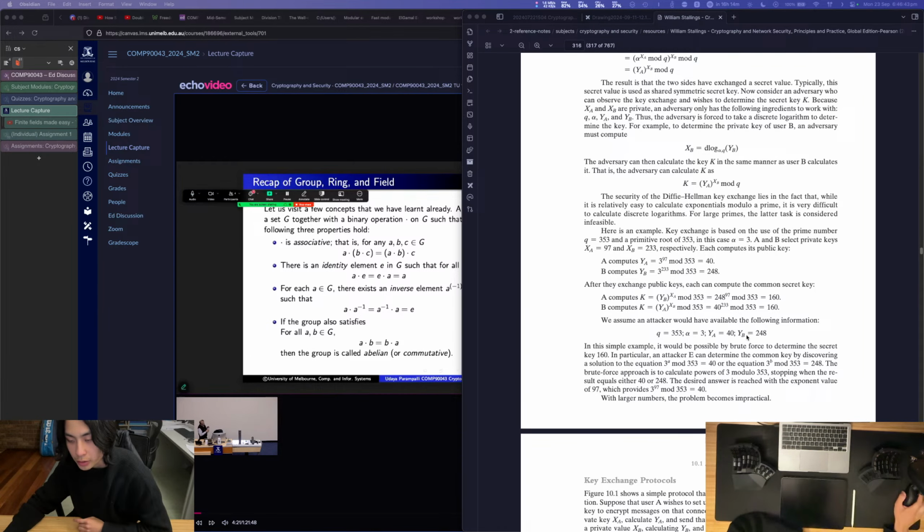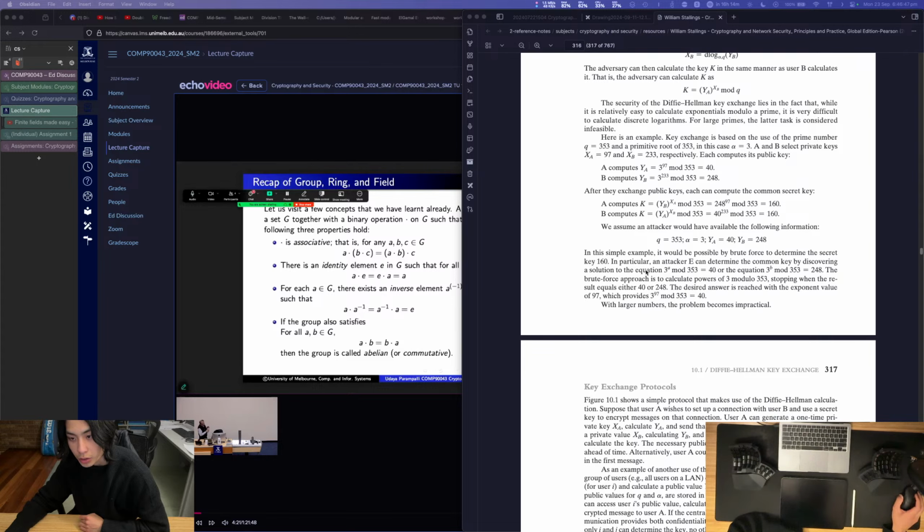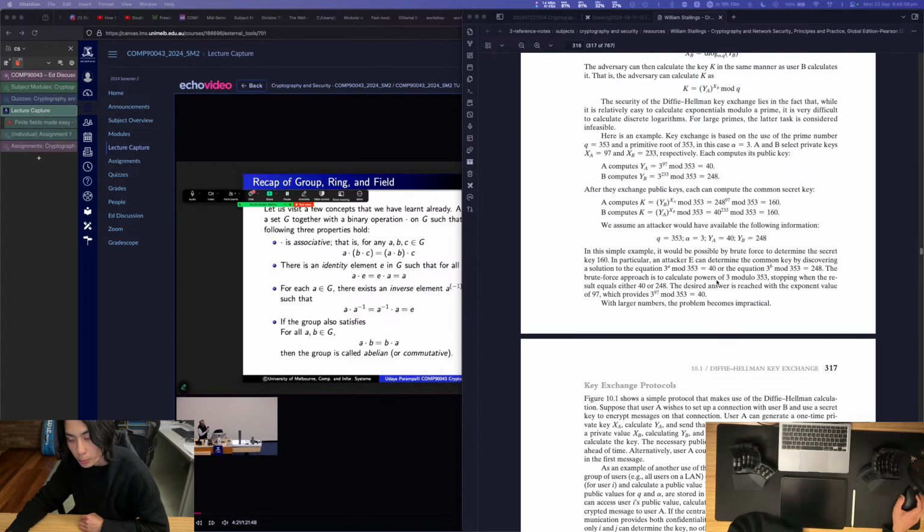In particular, an attacker E can determine the common key by discovering a solution to the equation equal to 40 or the equation equal to 248. The brute force approach is to calculate the powers of 3 mod 353, stopping when the result equals 40 or 248.